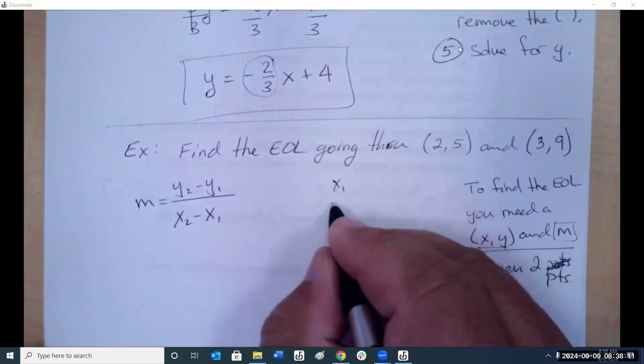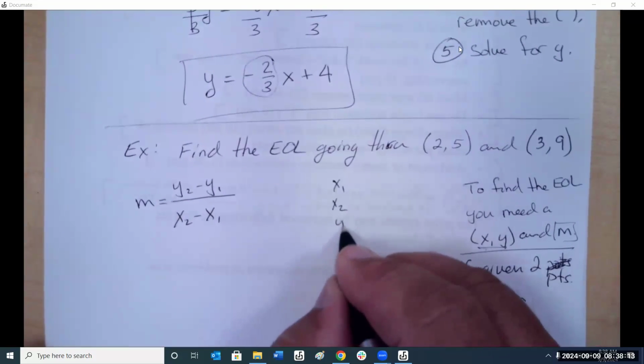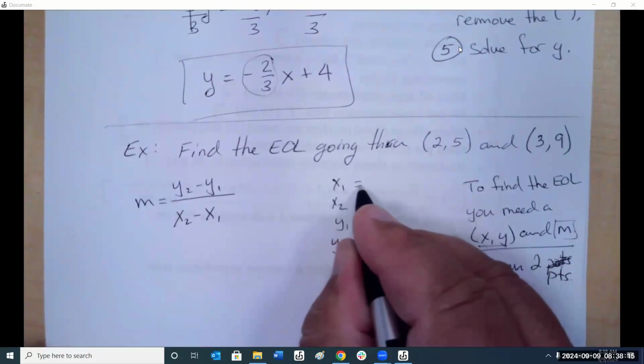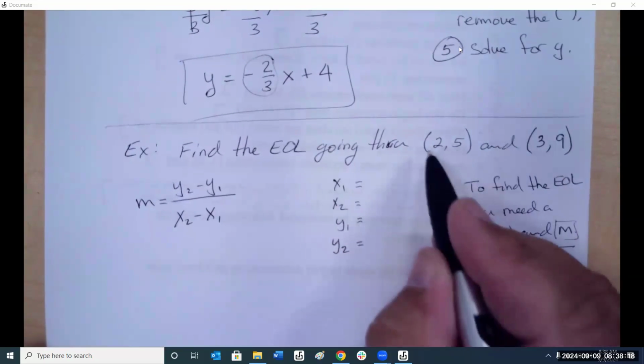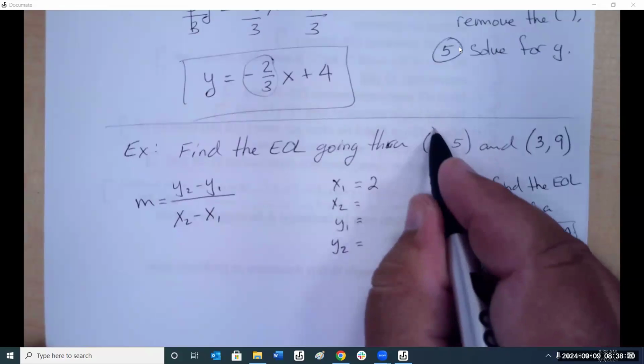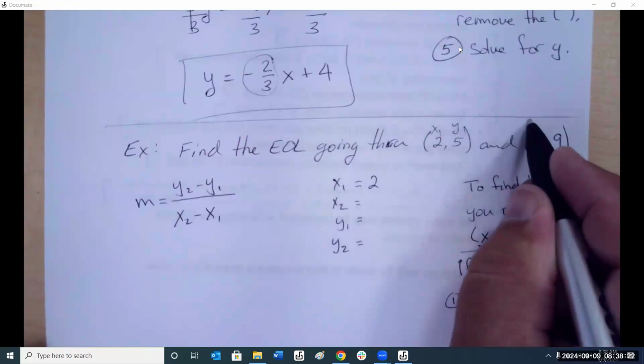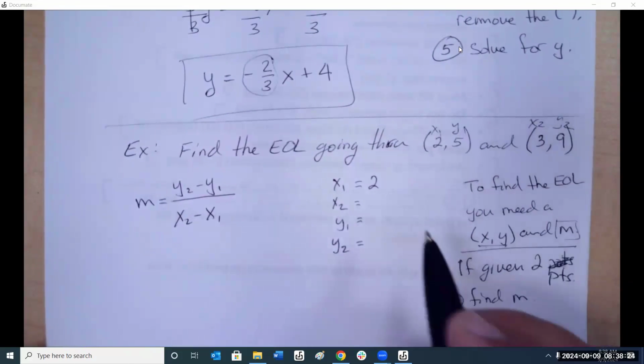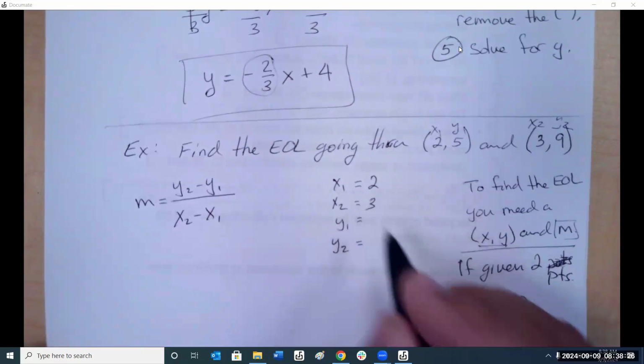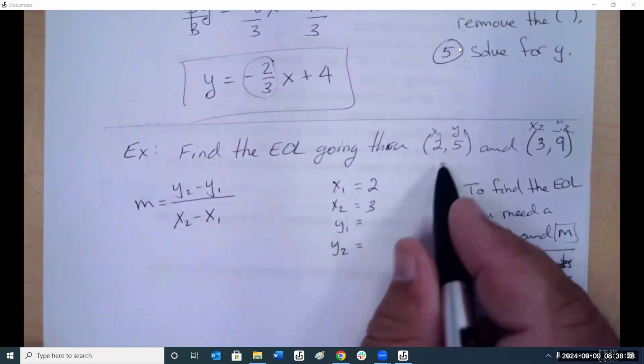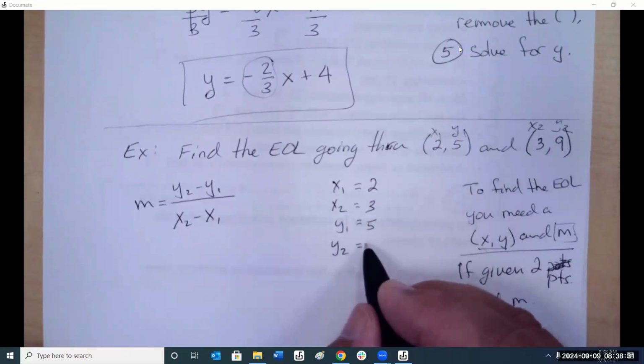So we label our points x1, x2, y1, y2. x1 is 2, x2 is 3, y1 is 5, y2 is 9.